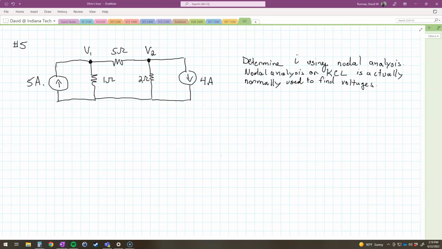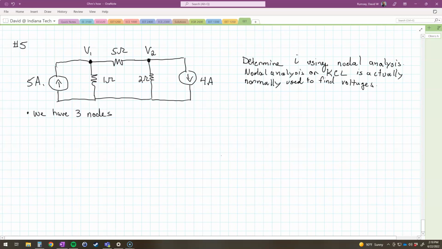So what we're going to do is first determine how many nodes we have in this problem. That's always a good place to start. We have 3 nodes. And remember, a node is a connection point between circuit elements.